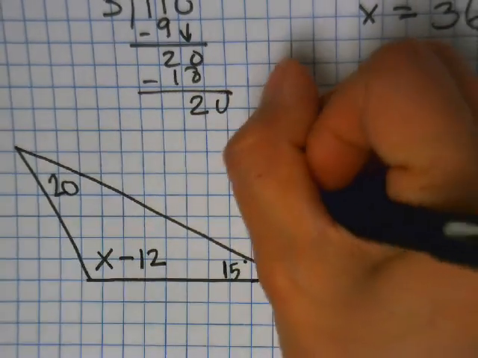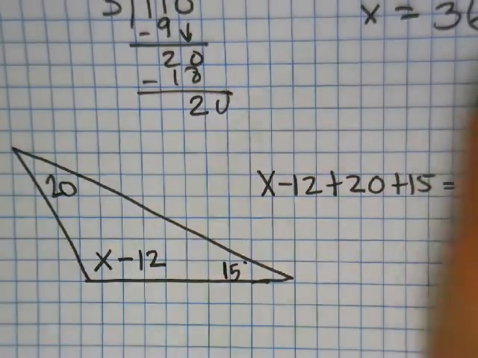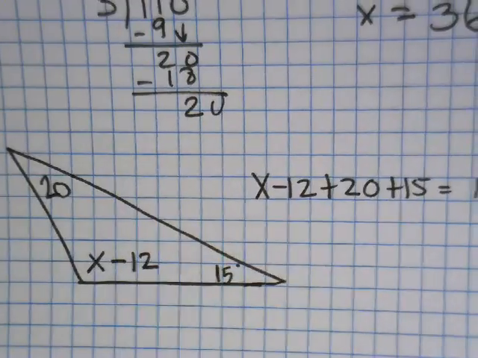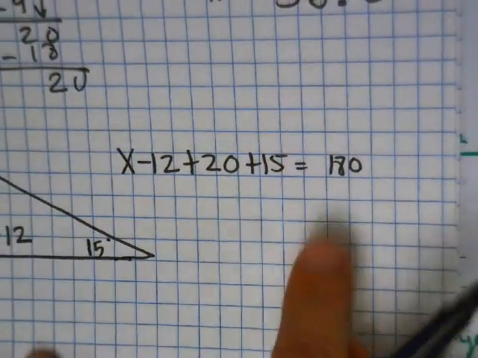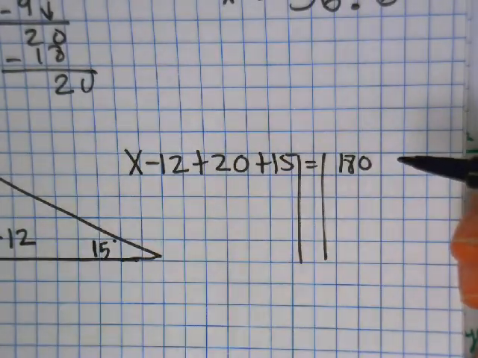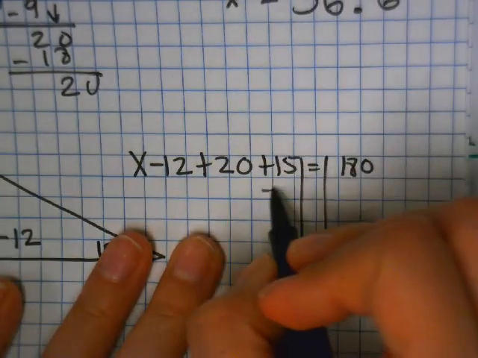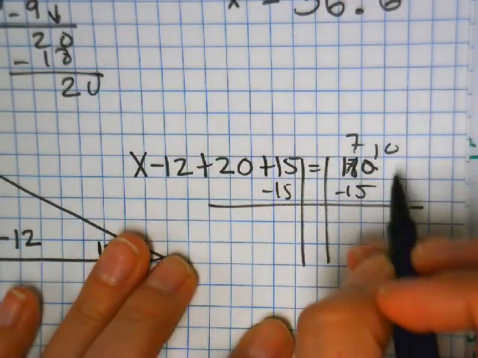It always equals 180. When you have a triangle, no matter what this says inside, it always equals 180. Now you can combine or you can move them one at a time. This is why when we do our math, we gotta show work.